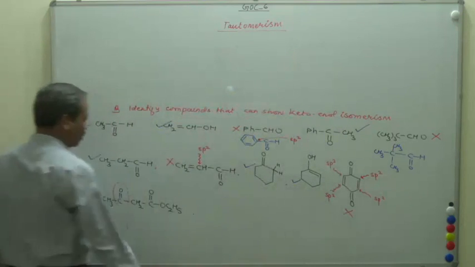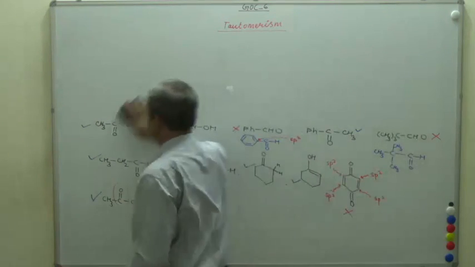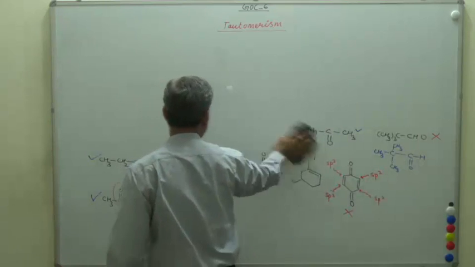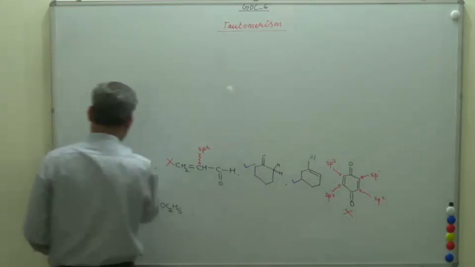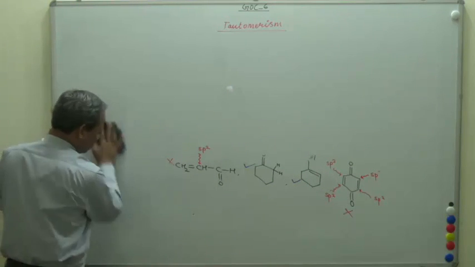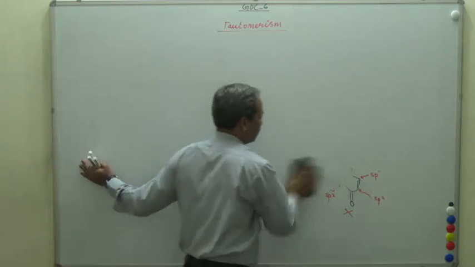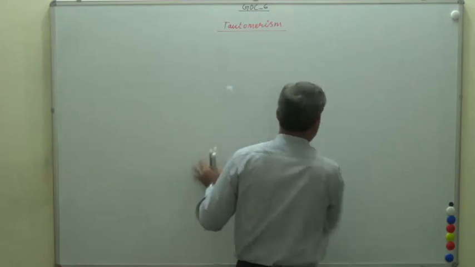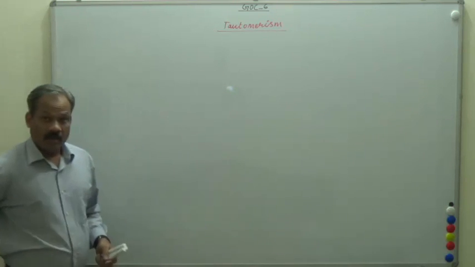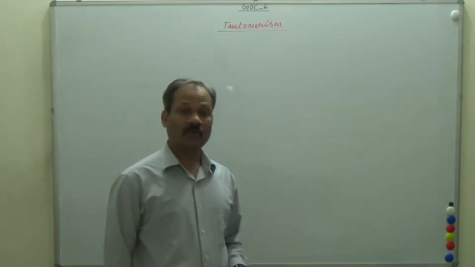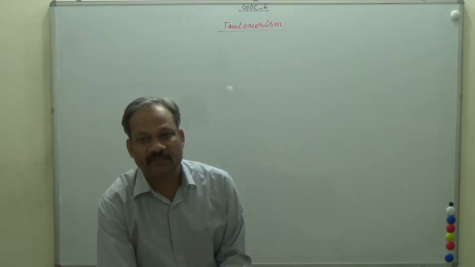Now, which form will dominate at equilibrium? Because keto form and enol form are in dynamic equilibrium. The percentage of keto form and enol form in this equilibrium depends on various factors.